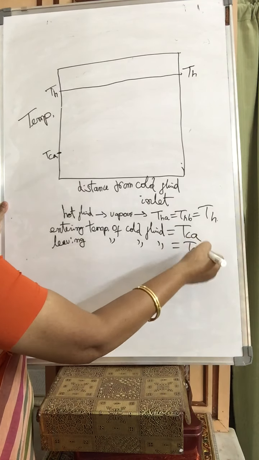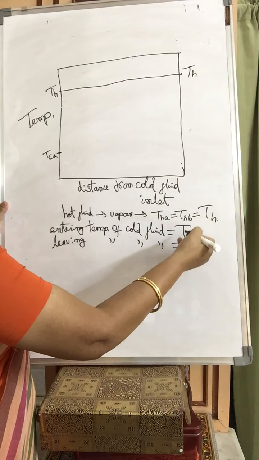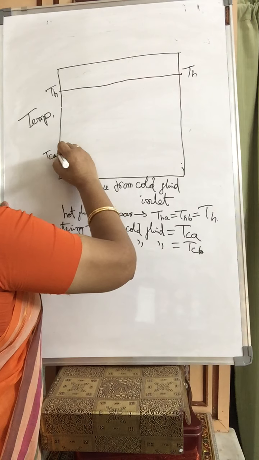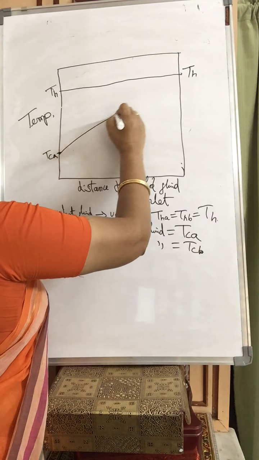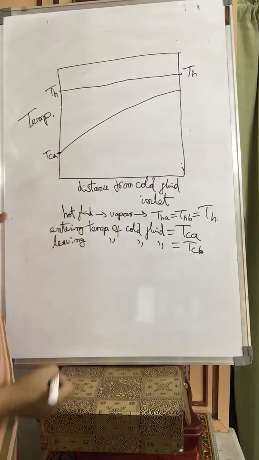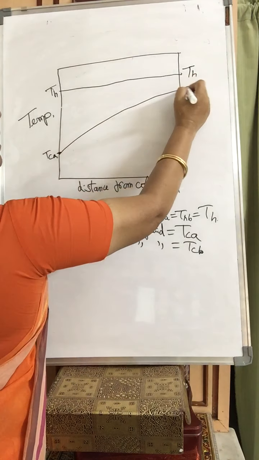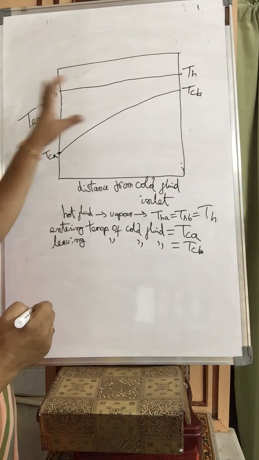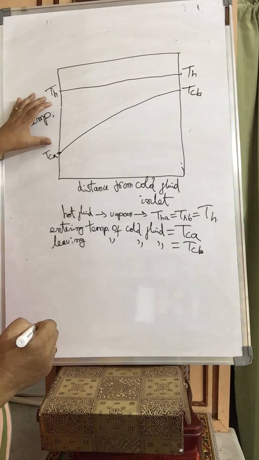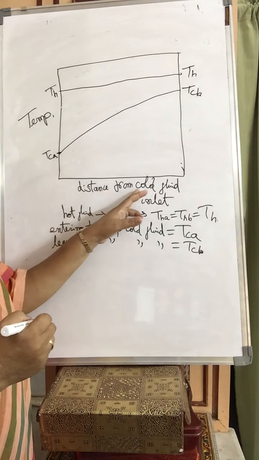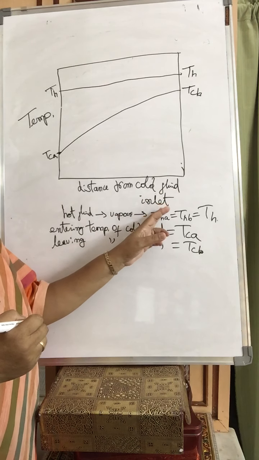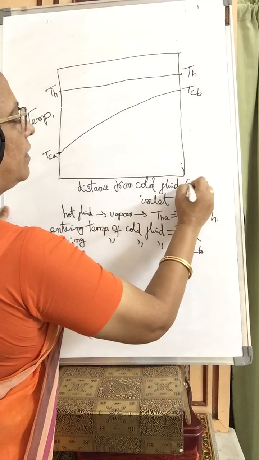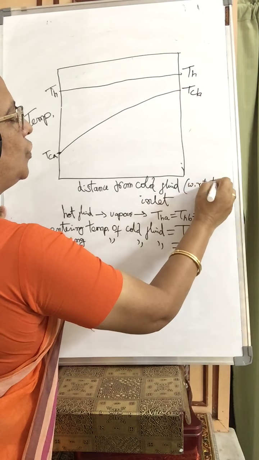Cold fluid temperature will increase because it's taking latent heat from hot vapor. So its temperature will go on increasing. This is TCB. So this is how we are showing how temperature is changing with respect to the distance from cold fluid inlet, meaning with respect to tube length.